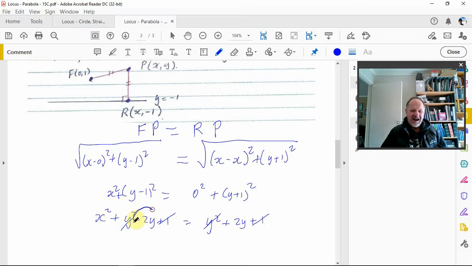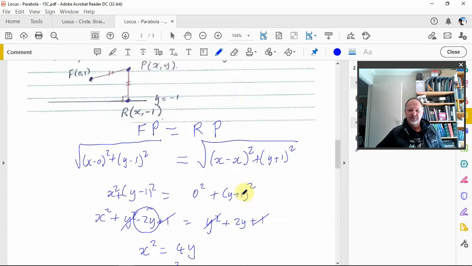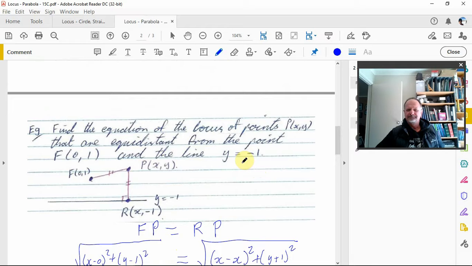I'm going to add 2y to both sides. When I do that, I get x squared equals 4y. Then if I divide both sides by 4, I get y equals x squared on 4 as my equation of that locus.